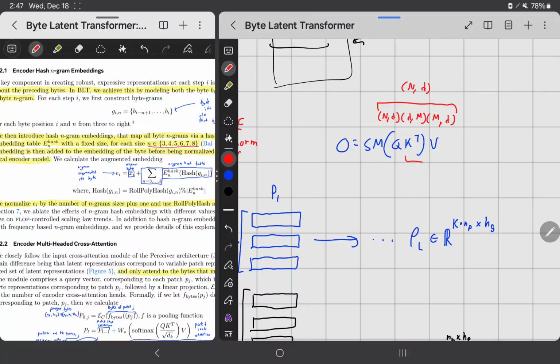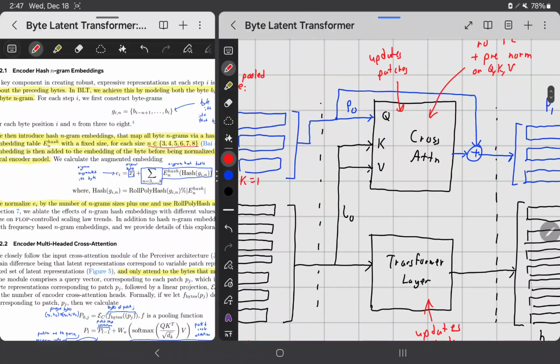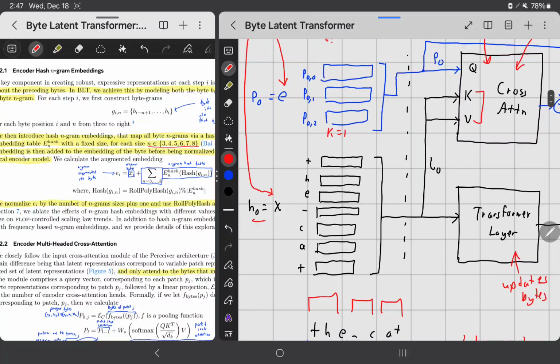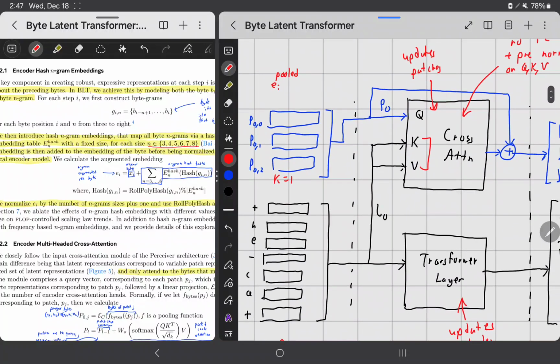And this right here is kind of like the style, I guess you would call it. You're sending information from K and V to Q. You're always sending information that way. That's why you have K and V as your input sequence, your byte sequence, and Q as your output sequence, your pooled patches that you're distilling your information to.